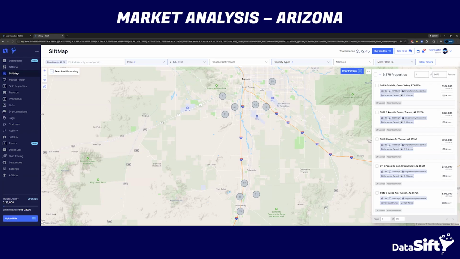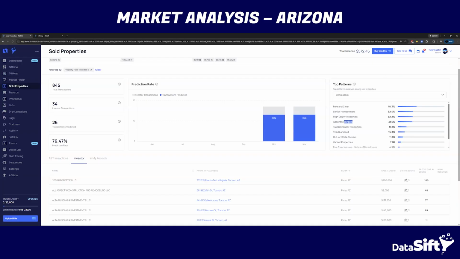When you look at it from the perspective that only 30% of the sales that happened were absentee, compared to the 70% that weren't, it means you really need to focus on a neighborhood or a different avatar and market to both owner occupied and absentee to put yourself in the highest position to actually get a transaction. Okay. And so absentee and high equity, I see, are good, and senior owners, right?